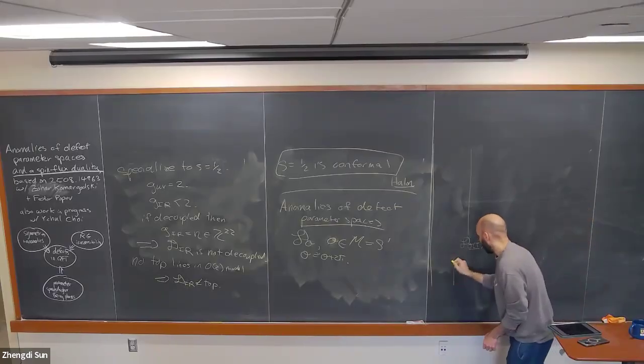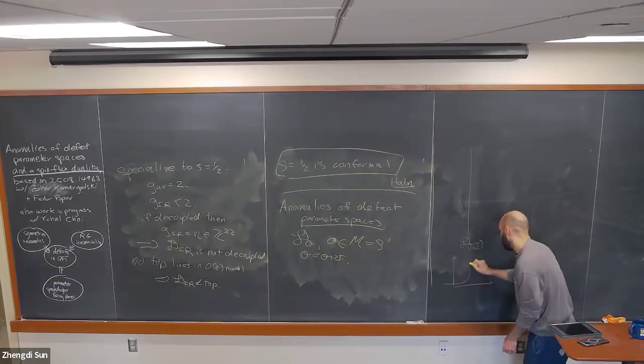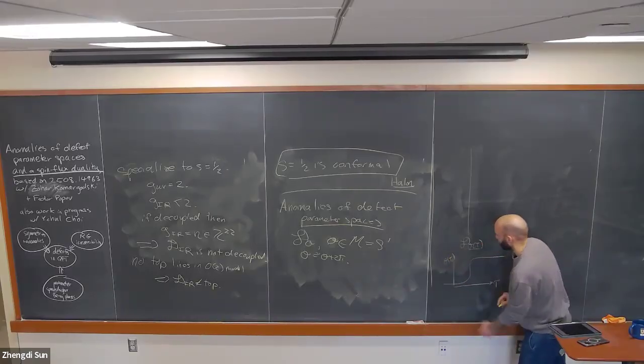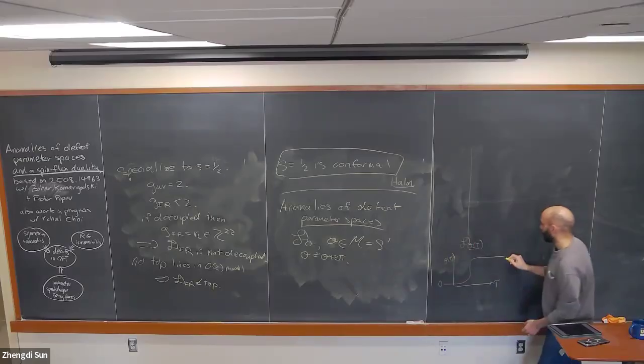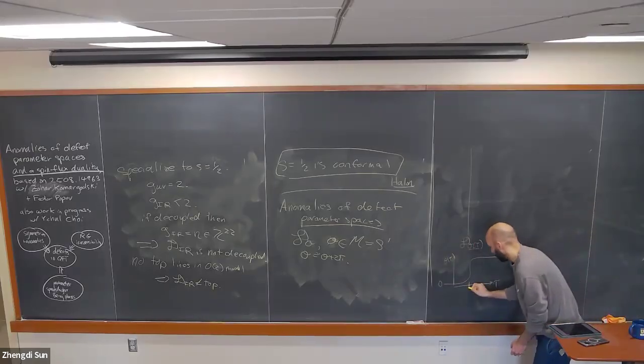In particular, the profile that I want to give it is a profile, theta as a function of tau, where it very rapidly jumps from 0 to 2π at t equals 0.